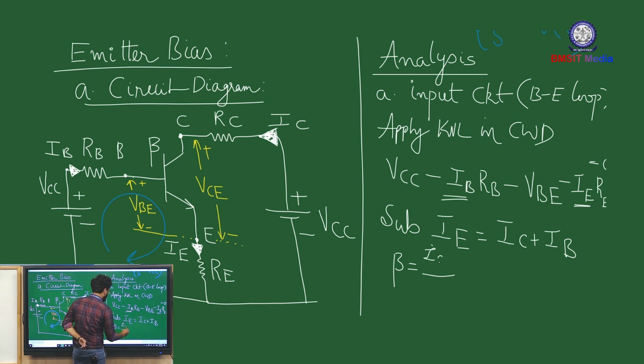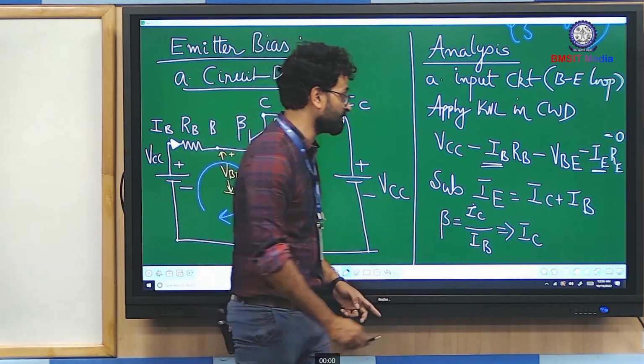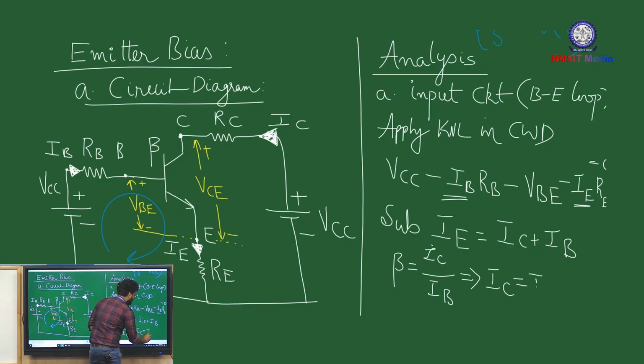Output current is collector current and input current is base current. So cross multiplying, the collector current is beta times IB. So IC is equal to IB into beta, right?